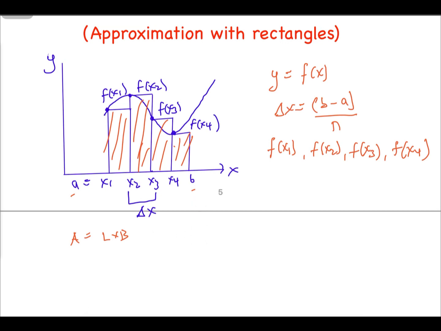So now our height becomes f of x1, then f of x2, and so on, as we have indicated here. And the length, which is our width, is indicated by the change in x, which is b minus a over n, where n is the number of sub-intervals.